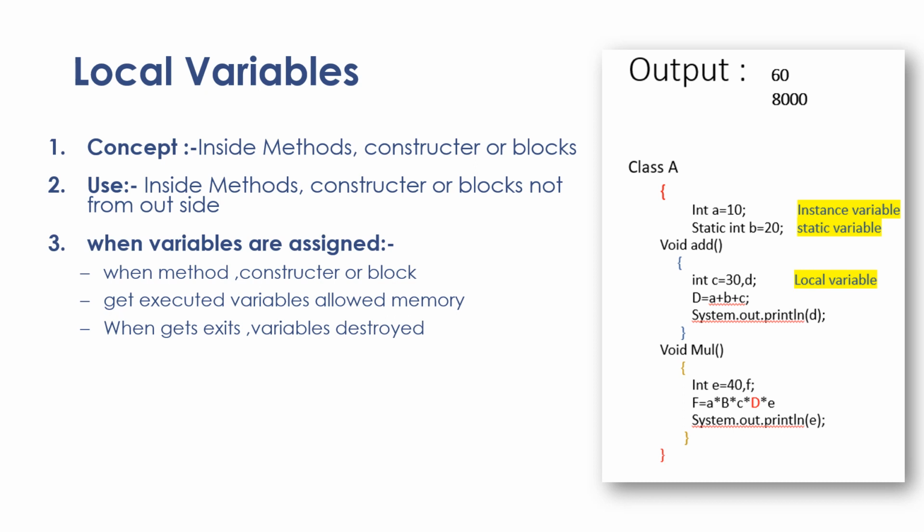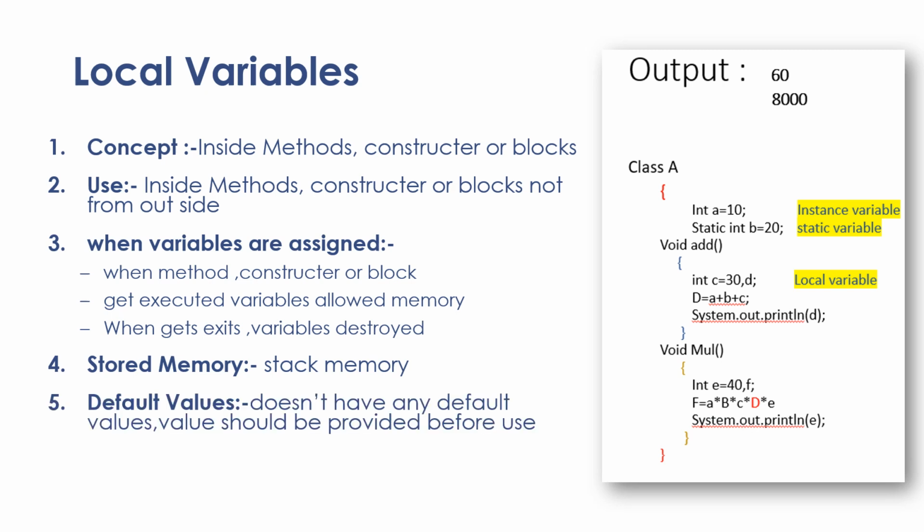When execution finishes, variables are destroyed. Once executed, it will be changed, then it will be destroyed. Where is it stored? It will be stored in stack memory. Default values: it does not have any default value, so a value should be provided before use. As you see here, we hadn't given any value to d and f, but after doing multiplication or addition or any mathematical operation, we get that value.